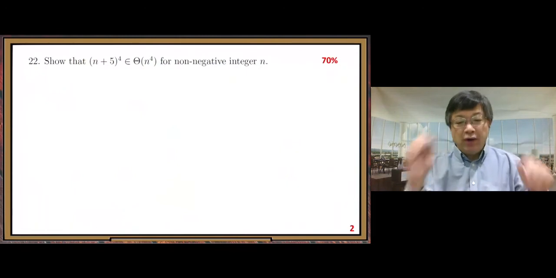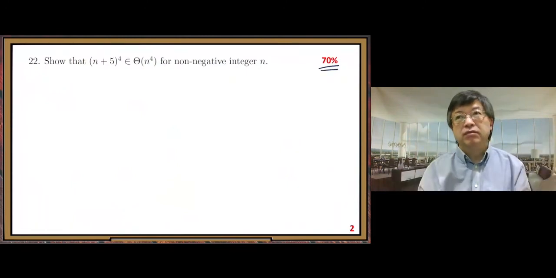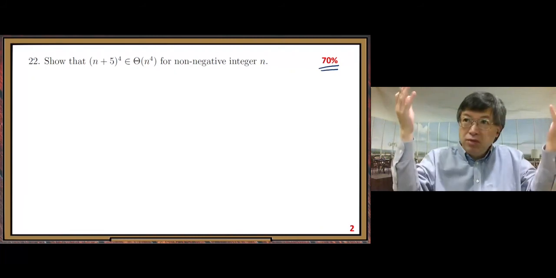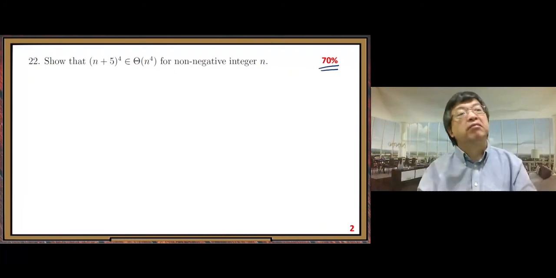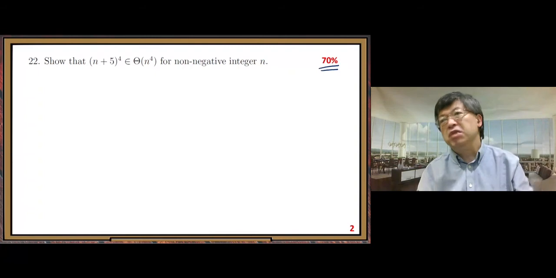Then this one, the miss rate is so high, 70%. This is an easy question, but the miss rate is so high. When I talk about miss rate, partial missing I also treat as a miss.